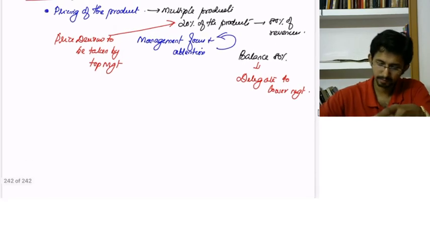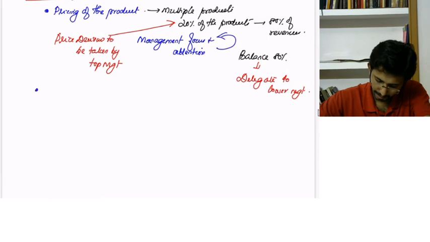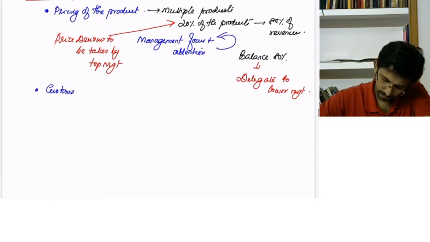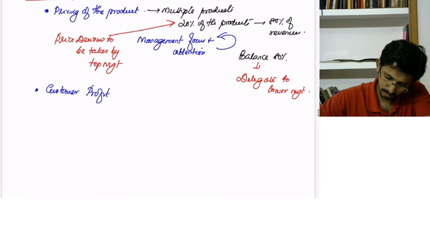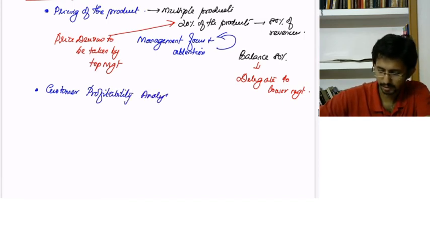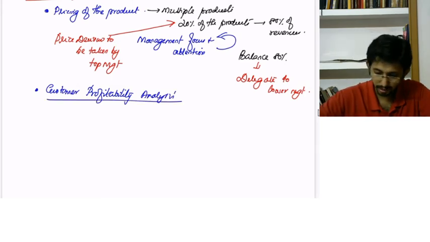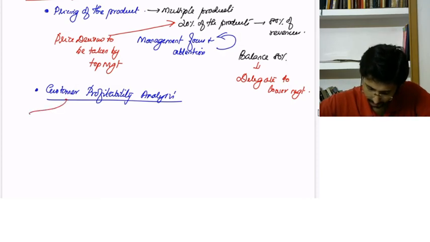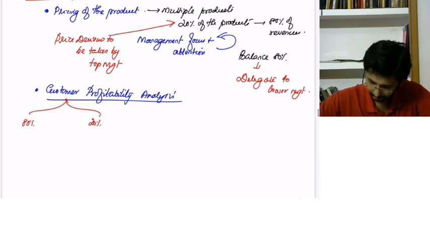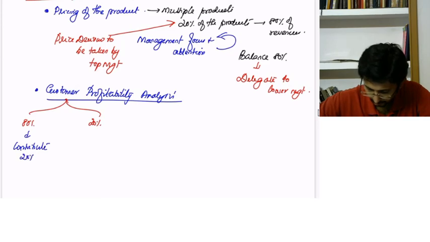Okay, next, benefits is customer profitability analysis. What do you mean by that? In customer profitability analysis, again, you can divide your customers into 80% and 20%. 20% of the customers contribute 80% value.